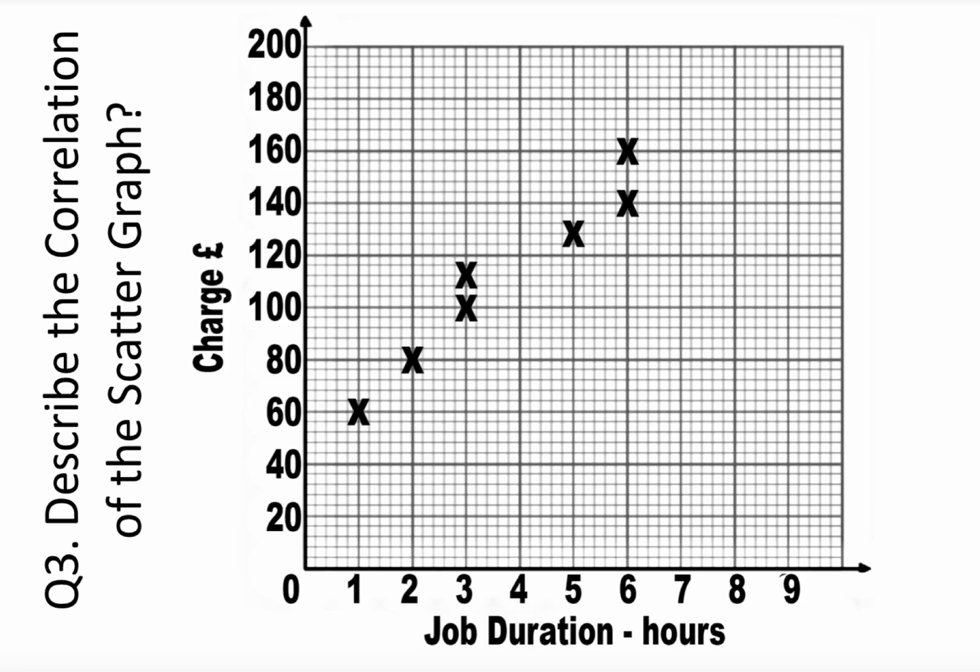And the question here is, describe the correlation of the scatter graph. Well, you've got 3 types of correlation for scatter graphs. You've got negative correlation, which means where one value goes up, the other value goes down. And then you've got a scatter graph that has no correlation, where we'd plot all the points on the graph and they'd be all over the place.